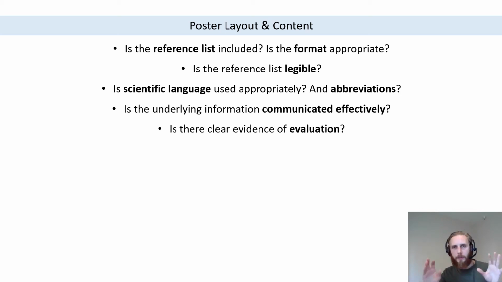That's good. That's great. However, it's not enough. You also need to do evaluation. You also need to discuss the infectious disease in a critical way. So you understand the diagnostic test that's used for this particular infectious disease, and you've communicated that understanding through the poster.